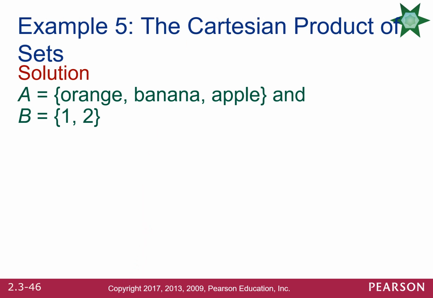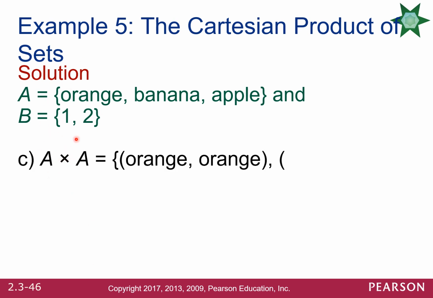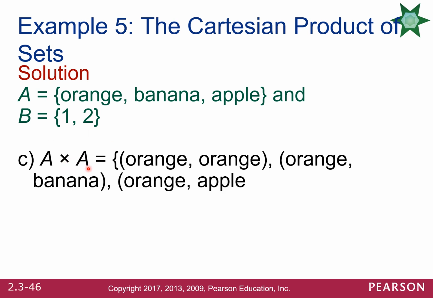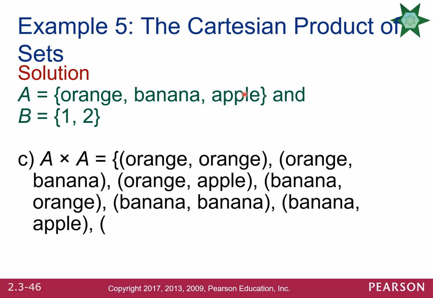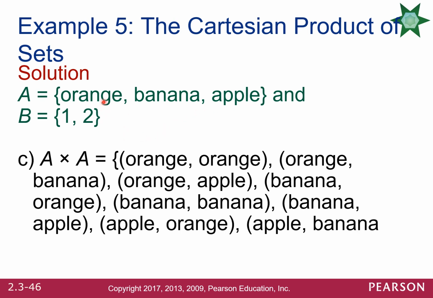To create a Cartesian product of a set with itself, as in this case A cross A, what we are doing is pairing the elements of the same set with each other. All right, so we have orange, banana, and apple. It's better to actually write it like this.